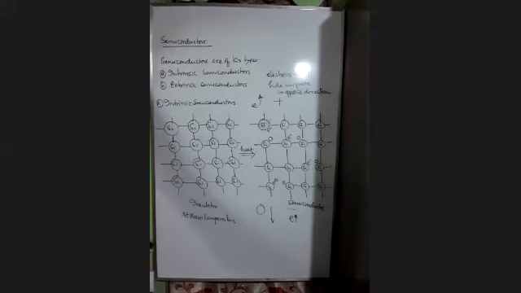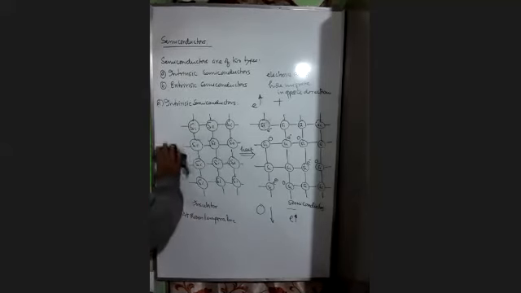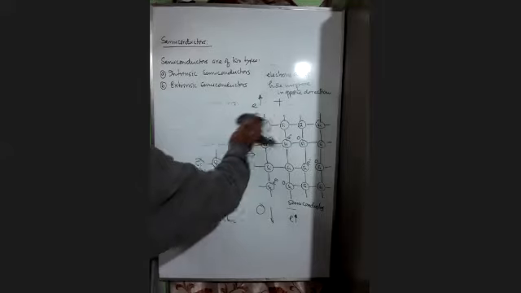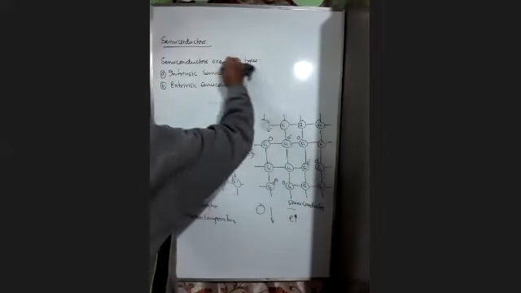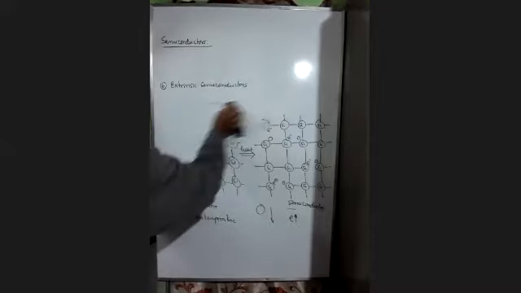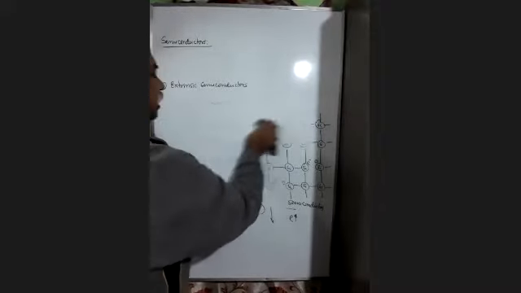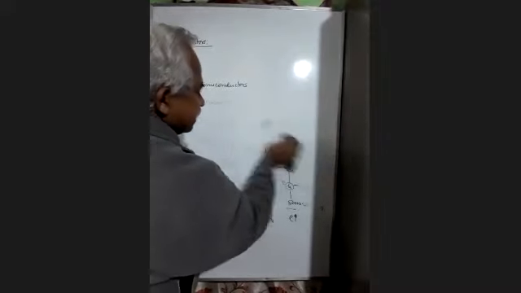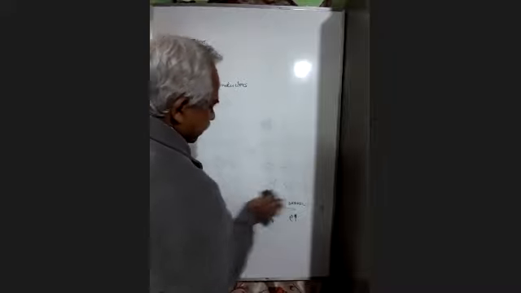We'll try to mix something with the silicon or germanium, by which we can get this facility. So then comes the extrinsic semiconductor.